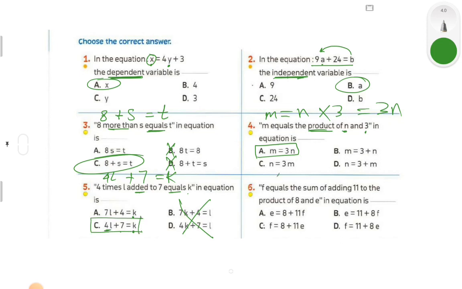F equals the sum of, we have plus, of adding 11 to the product of 8 and E. Product of 8 and E means 8E. So F equals 11 plus 8E.